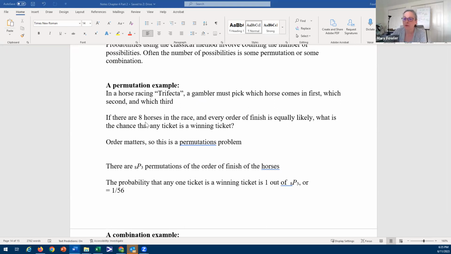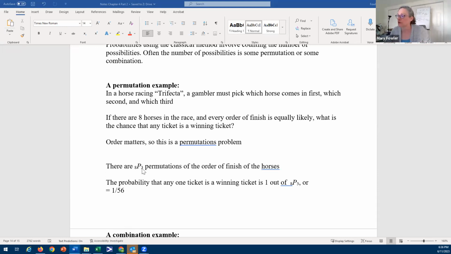If there are 8 horses in the race and every order of finish is equally likely, what is the chance that your one ticket is a winning ticket? In this case, we know that order matters. And what is the size of the sample space? How many possible permutations of the horses are there? It's 8 permute 3.